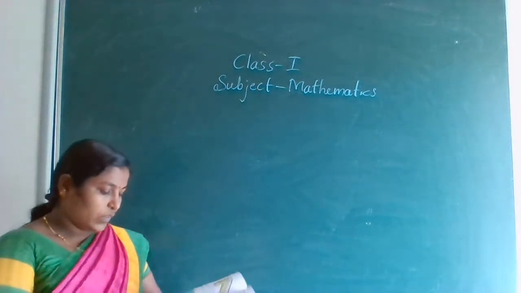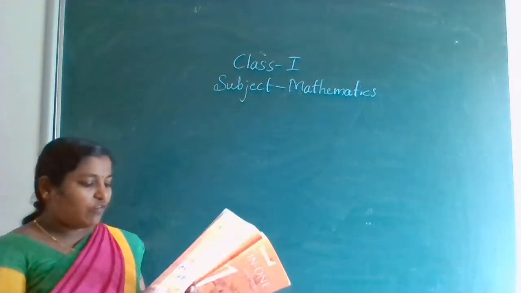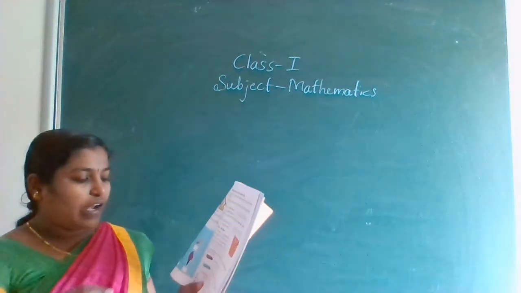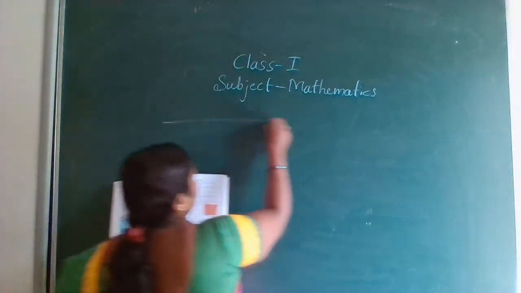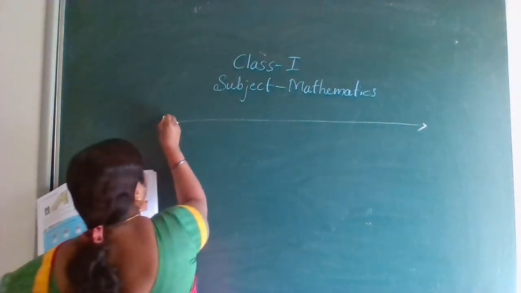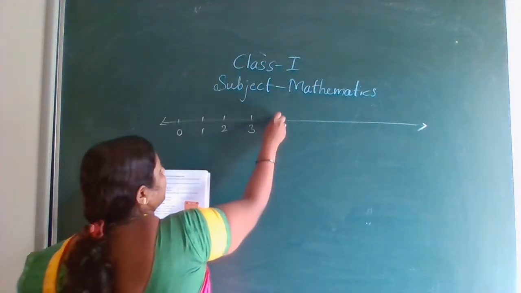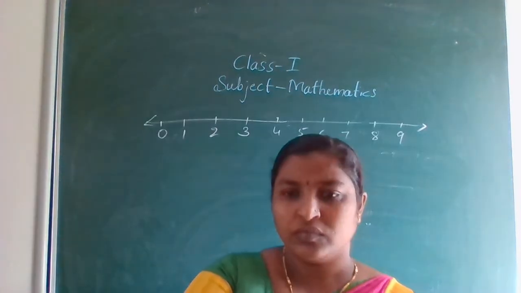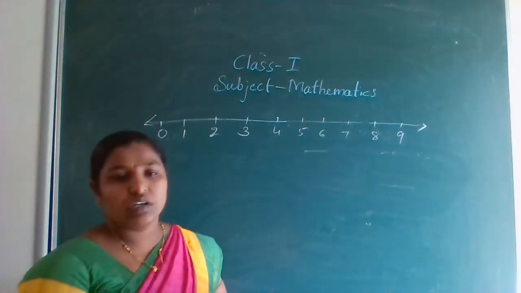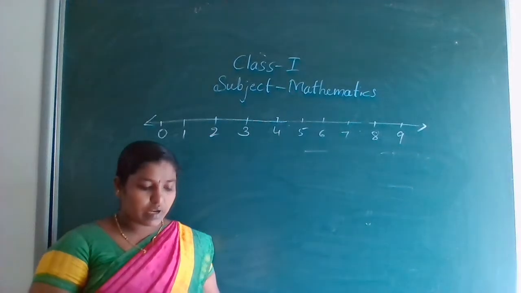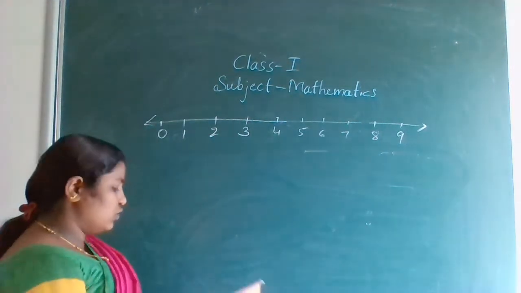So solve these ones. With the help of number line, fill greater than or less than in the boxes. So take one number line: 0, 1, 2, 3, 4, 5. See, this is number line. We should compare the numbers from the number line and we should put greater than, less than and equal to sign.